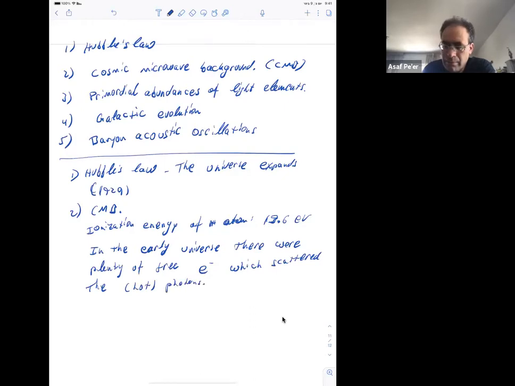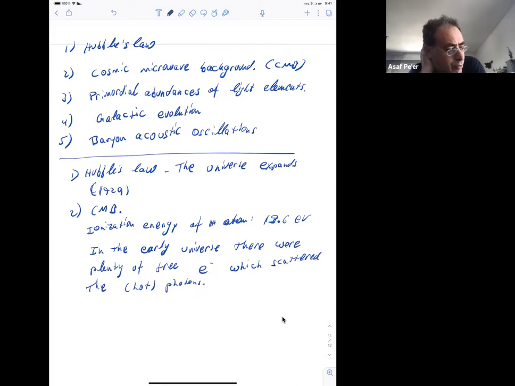So the outcome, if you happen to be there, would look basically like driving through a fog or flying through a cloud. You wouldn't see anything because the photons were constantly being scattered, and they didn't go very far, so you couldn't see anything really.